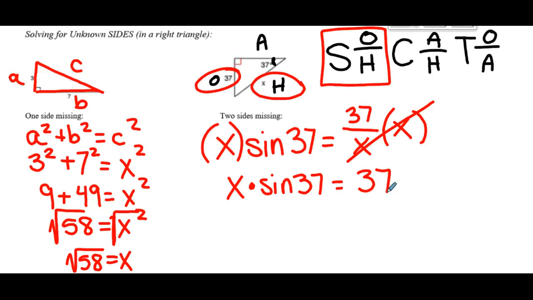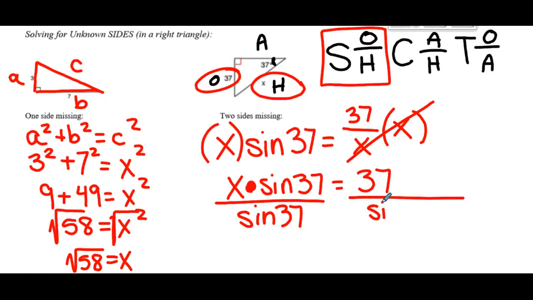Finally, to get x by itself, we are going to divide both sides by the sine of 37. Here, we're simply undoing the multiplication that's taking place by dividing. At this point, we're simply going to cancel our sine of 37, and we're left with x is equal to 37 divided by the sine of 37.